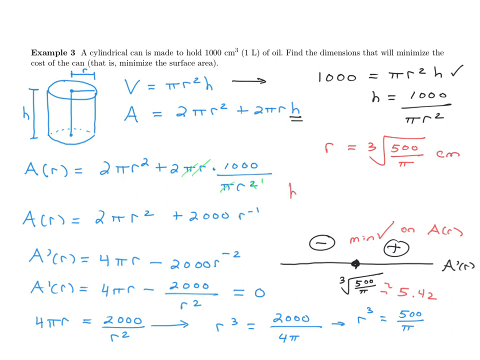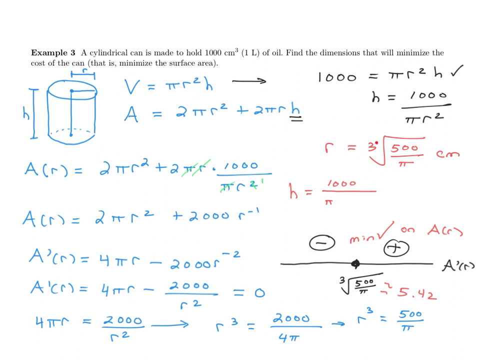The last thing is, well, what does h equal? To get h, we can take r and put it in place of this r, and what we get is 1,000 divided by pi times this thing squared.